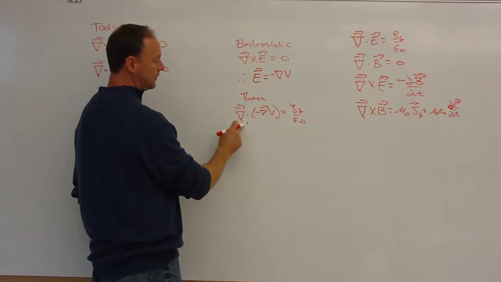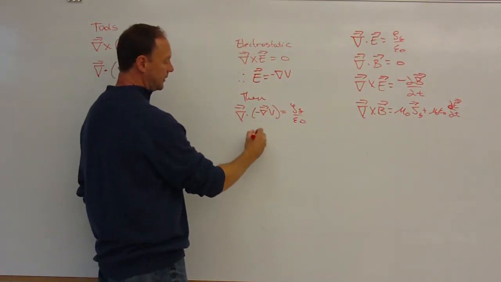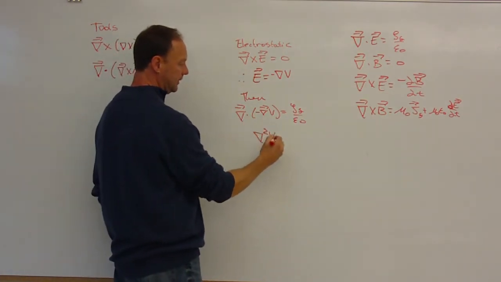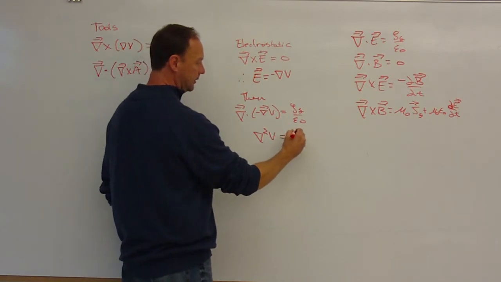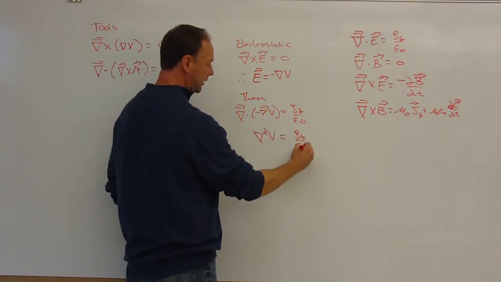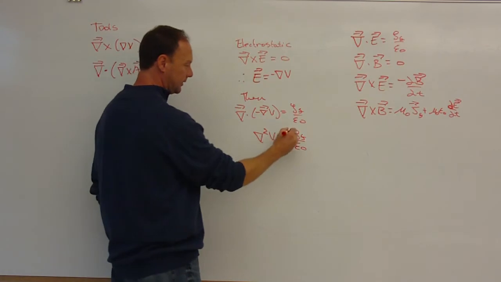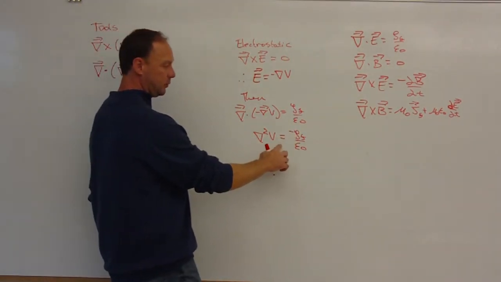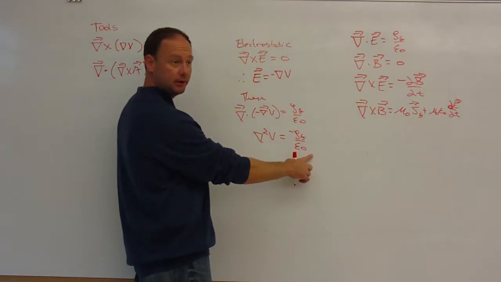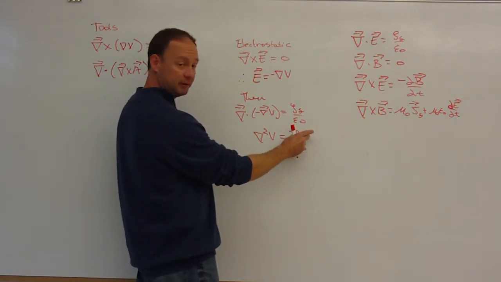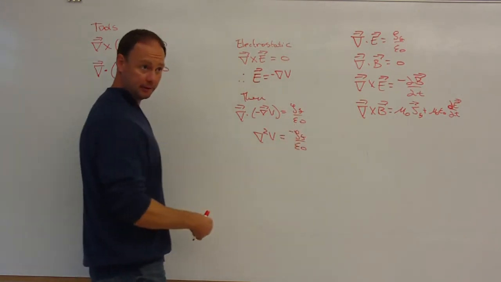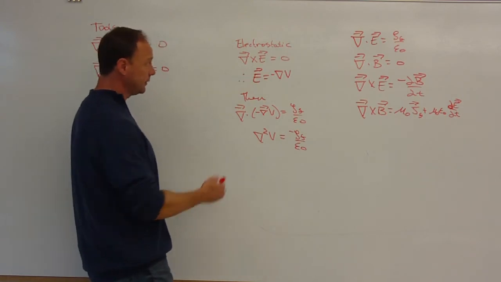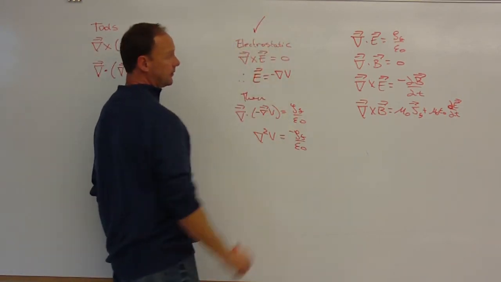This is the divergence of a gradient, so that's the Laplacian of V. That's Poisson's equation, equals rho free over epsilon naught, and we have a minus in there. But in any case, this is the Poisson equation, and when rho free is 0, you get Laplace's equation. Okay, so that's electrostatics.